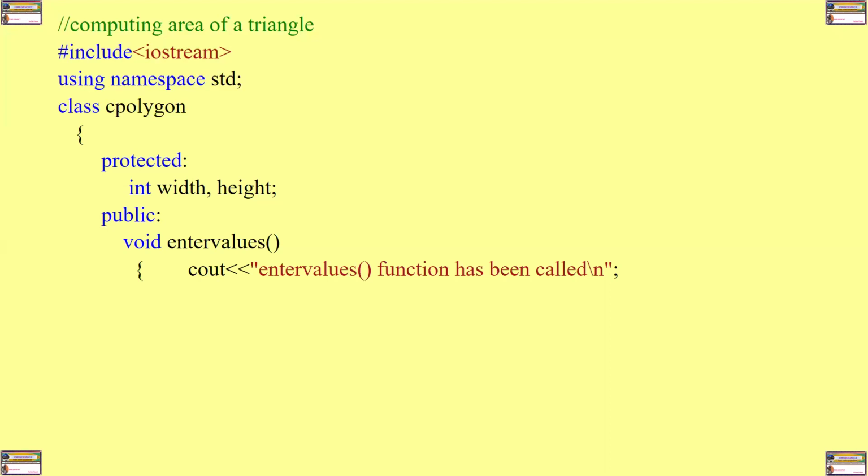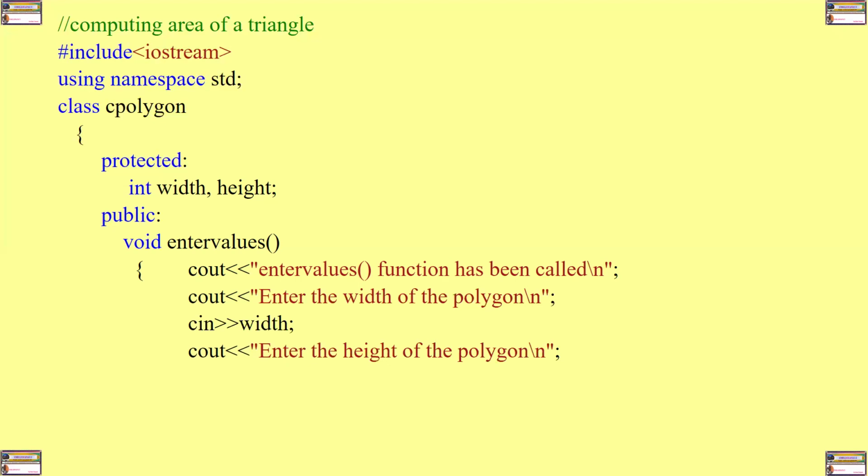So the purpose of this statement is simply to show us that the enter_values function or method has been invoked. And then it prompts the user to enter the width of the polygon. And then it's going to read the value entered and store it in the data member called width.